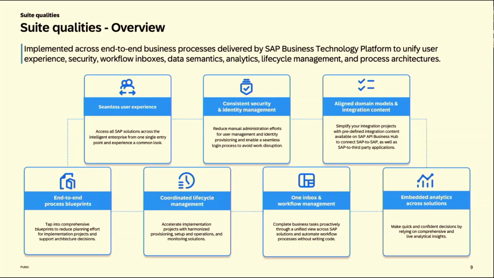We also defined the end-to-end business process blueprints, which are also hosted and available in the Business Accelerator Hub. And then the topic about cloud lifecycle management, where Cloud ALM comes in, and now also in combination with LeanIX and Signavio, for example, to discover your landscape and make it visible, or connect information from your landscape in LeanIX.